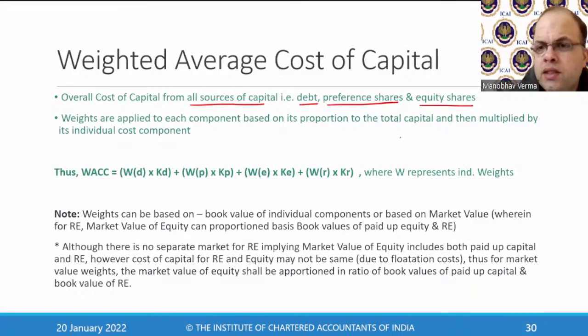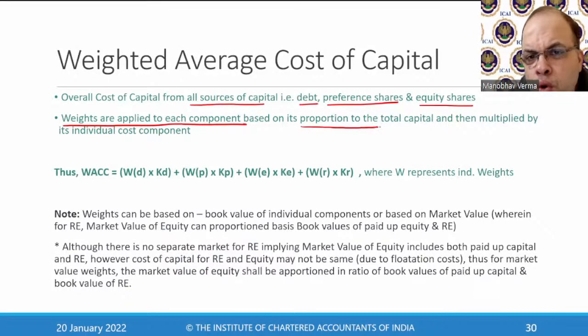The point is that the entire capital may not be equally coming from various sources. You may have equity more than the debt or vice versa. And that is why we apply weights to each component, based on the proportion to the total capital.